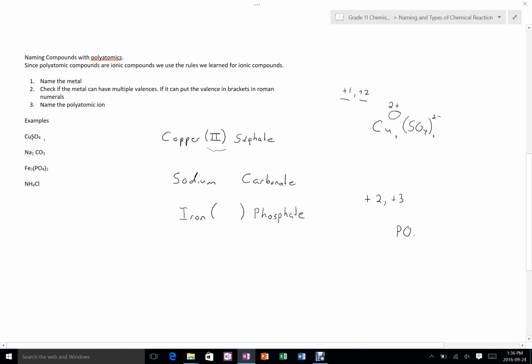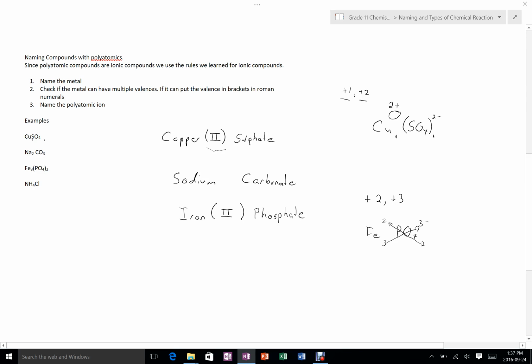Phosphate, from your list, you should see has a charge of 3-. So if that's being paired up with an iron, and what we ended up with down here was a 2 and up here was a 3, we reverse the crossover, we see the 3 came from that 3, so this must have been a 2, so this is iron(II) phosphate.